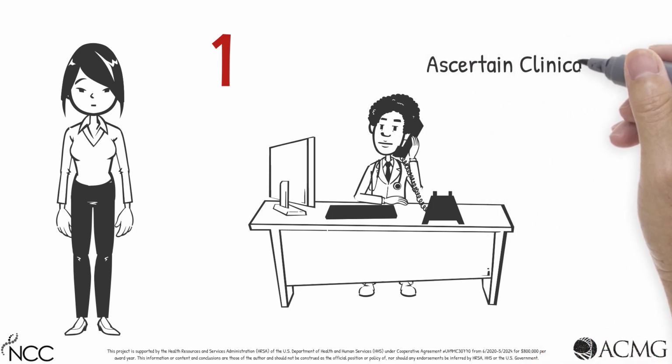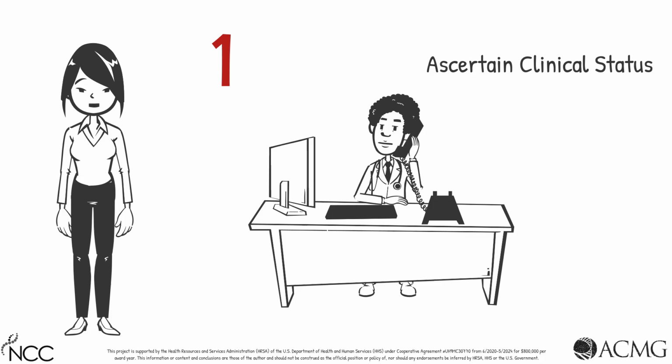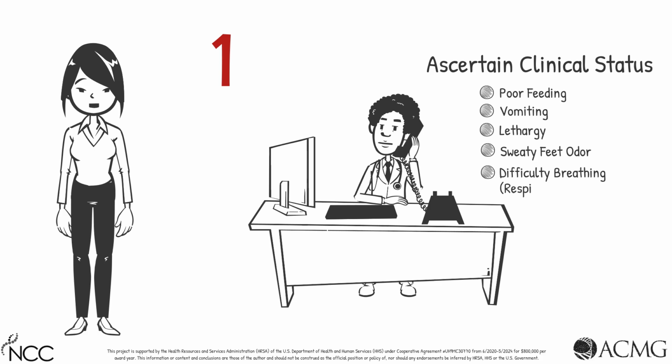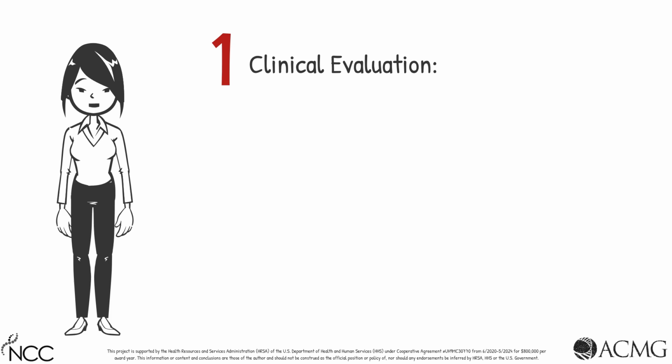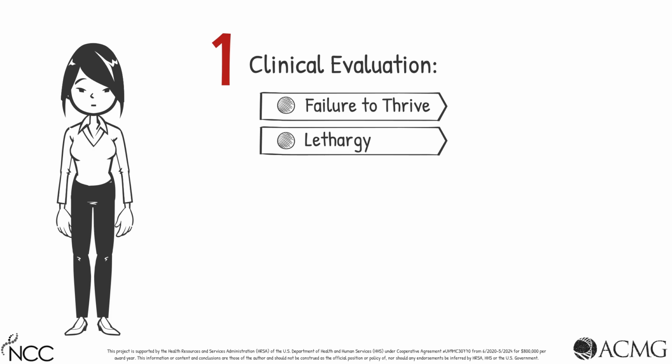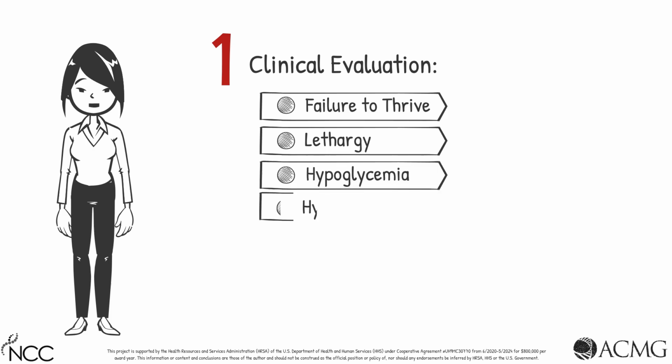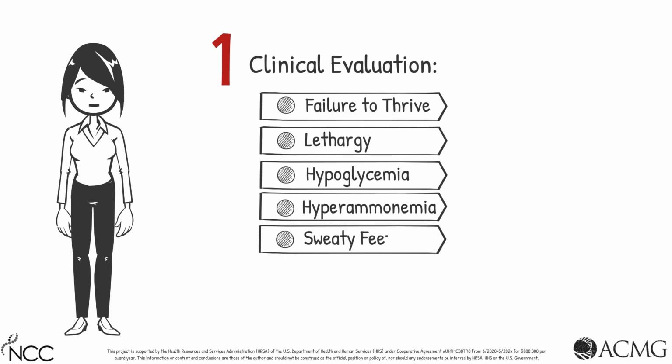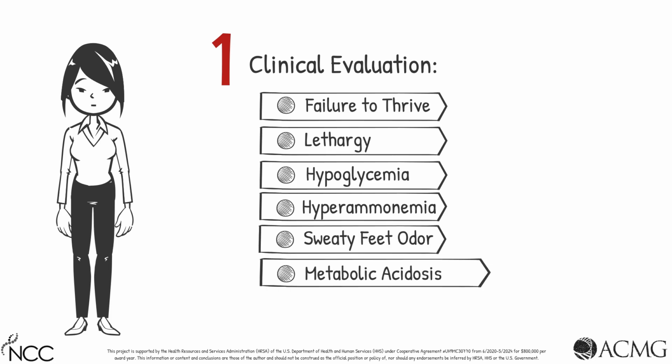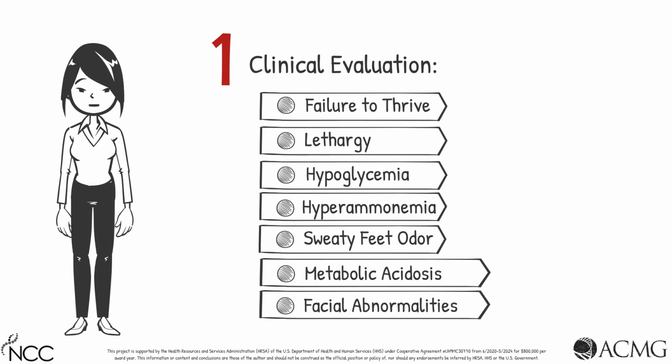Ascertain clinical status, paying close attention to signs like poor feeding, vomiting, lethargy, a sweaty feet odor, and difficulty breathing or respiratory distress. Arrange for a clinical evaluation, evaluating for signs of failure to thrive, lethargy, hypoglycemia, hyperammonemia, a sweaty feet odor, metabolic acidosis, and/or facial abnormalities.